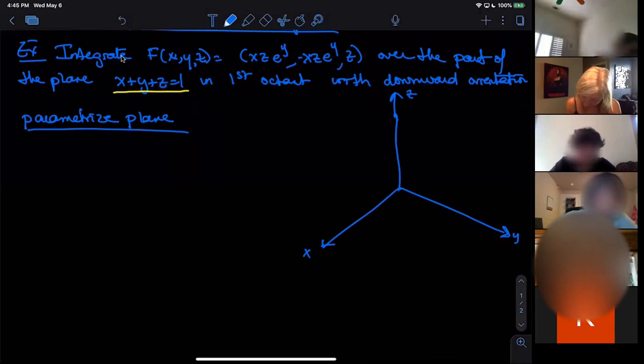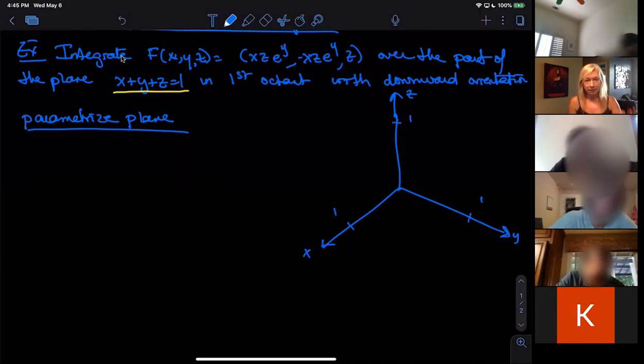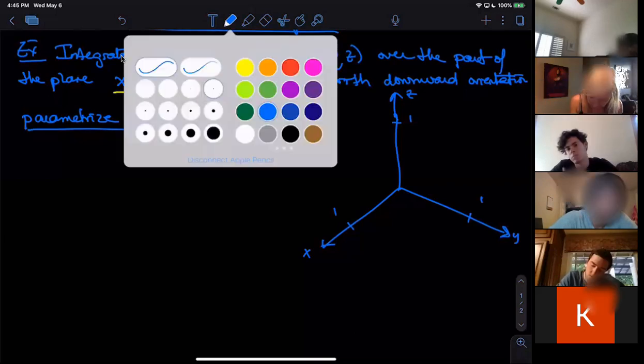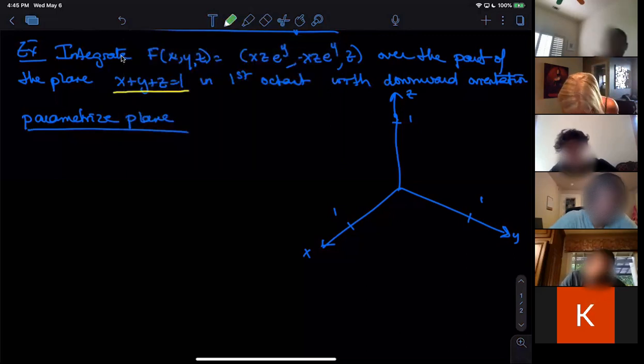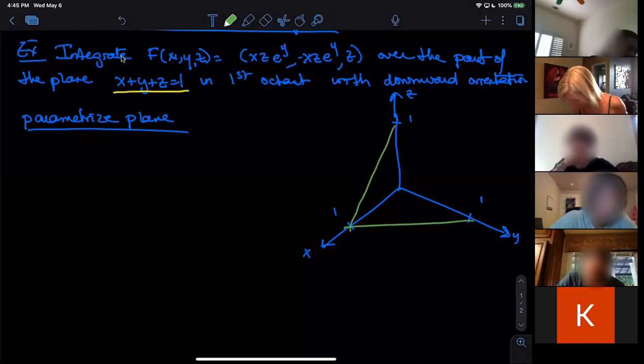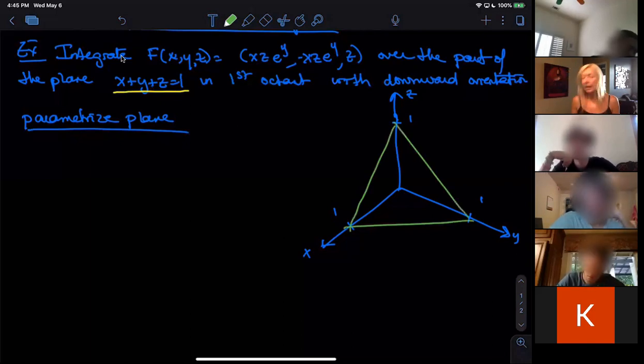But also, if x and y are 0, then z is 1. And if x and z are 0, then y is 1. So it's a plane that goes through those 3 points. It's going to cut the corner off, right? But we only want the part of the plane in the first octant, so we only get that portion of the plane.